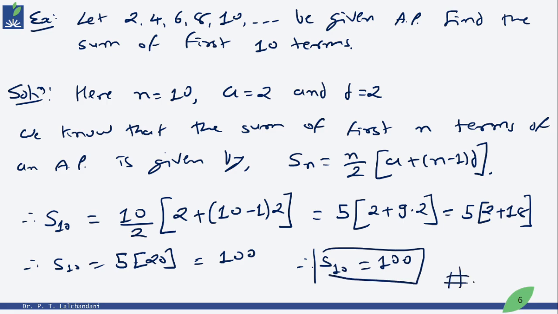Right? You know that very simple formula. You have to just remember the formula. You have to find out the value of n, a, and d. Use these values and you will get the sum of first n terms of any given arithmetic progression. Be careful that this formula is applicable for arithmetic progression only.